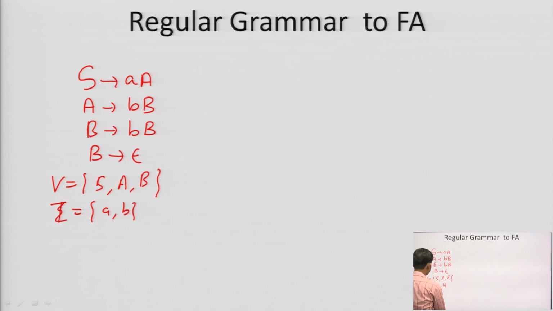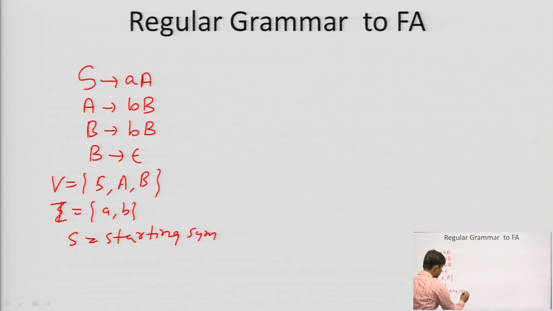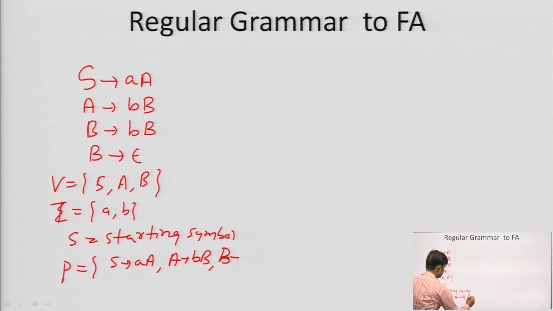S is the starting symbol of the grammar, and the productions are S to AA, A to BB, then B to BB, then B to epsilon.